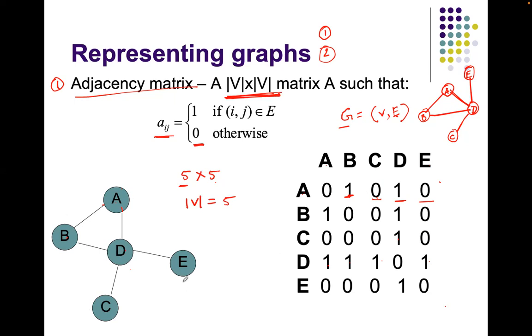We can represent a graph using a matrix. It's a two-dimensional matrix, where these are representing the rows and these are representing the columns, and each value represents whether a pair of nodes is connected or not.